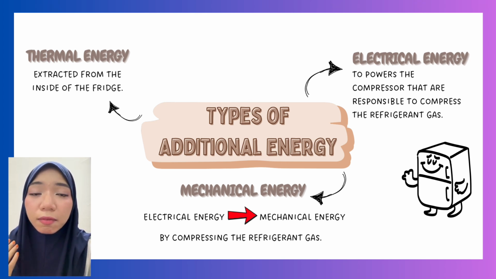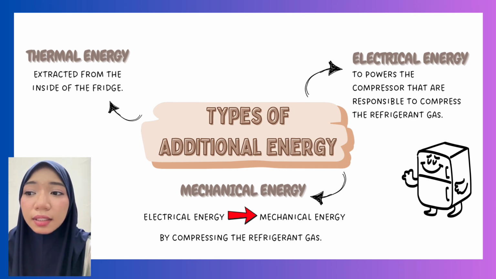So, for the refrigerator, the additional energy that is used to transfer the heat from the cold to the hot region is first the electrical energy. So the electrical energy is the power supply that powers the compressor that is responsible for compressing the refrigerant gas.